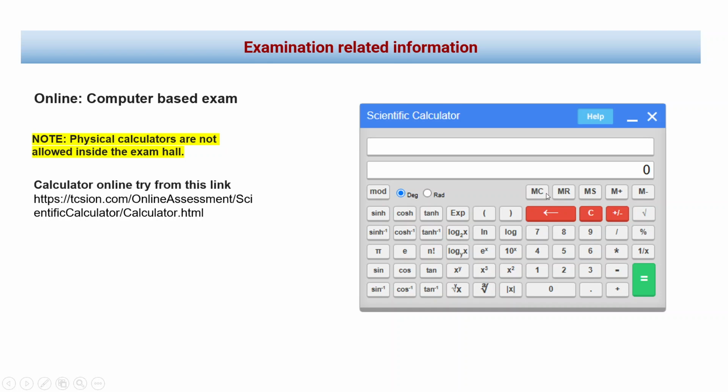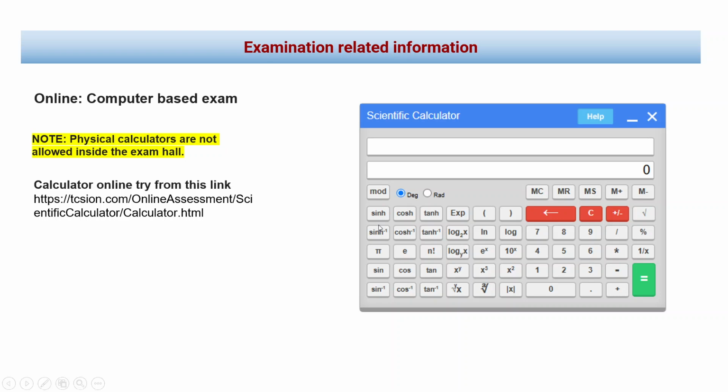You should try it out because its working is a little different from the physical calculator that we use. In a physical calculator, we first take the sine function, and then you give it the value, and then it tells you the answer. Here it's slightly different. So that you don't waste time in the final exam, it's better that you first try out these calculators.